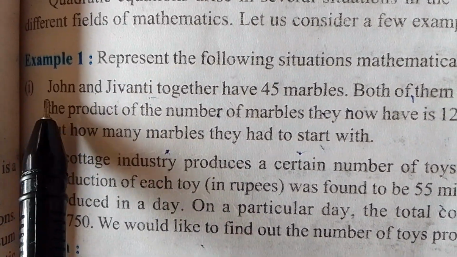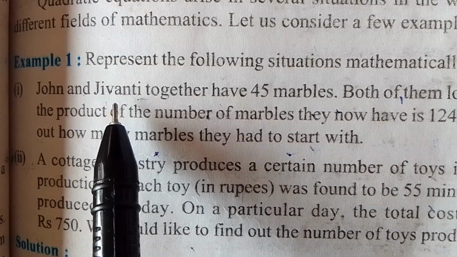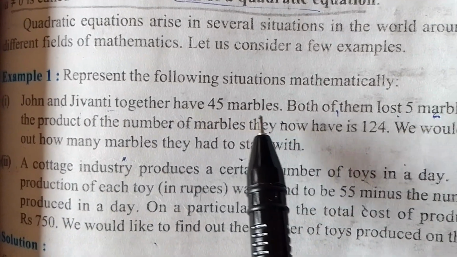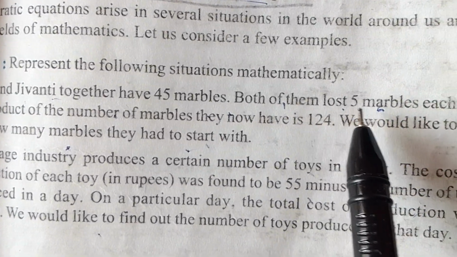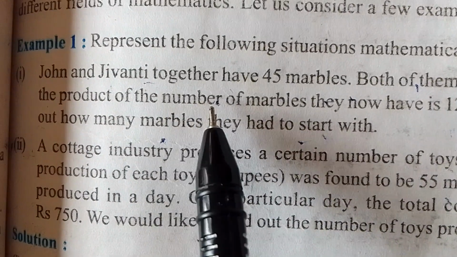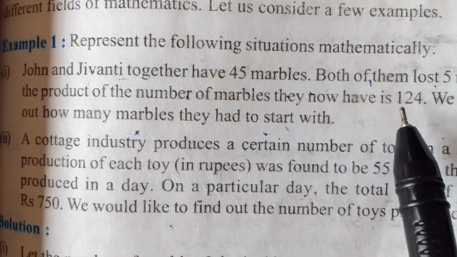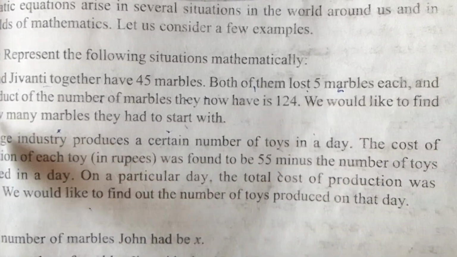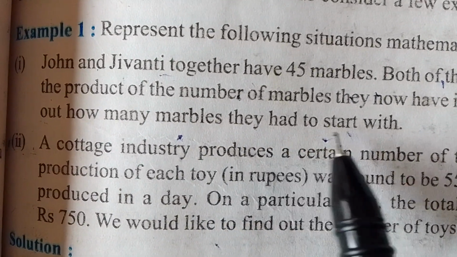The question is, John and Giovanni together have 45 marbles. Both of them lost 5 marbles each, and the product of the number of marbles they now have is 124. We would like to find out how many marbles they had to start with.